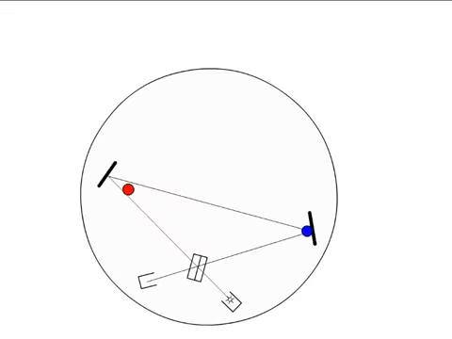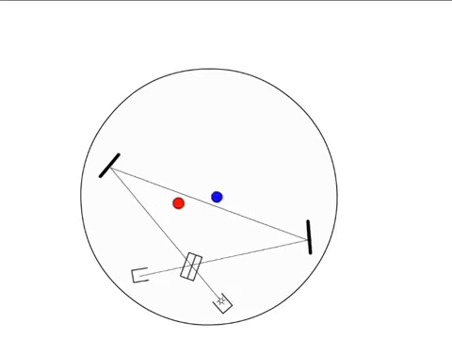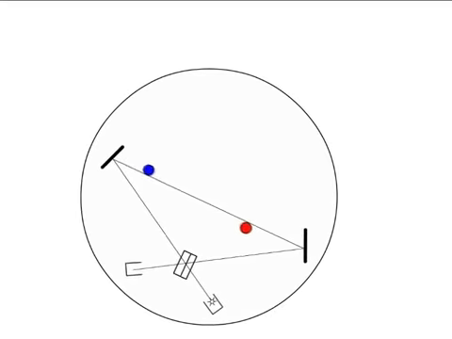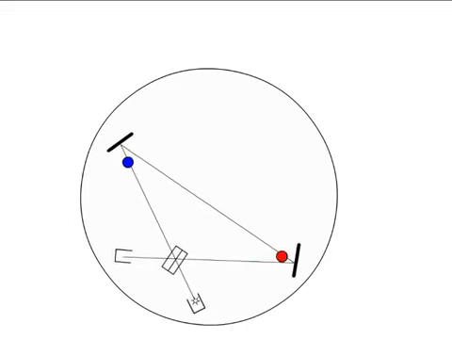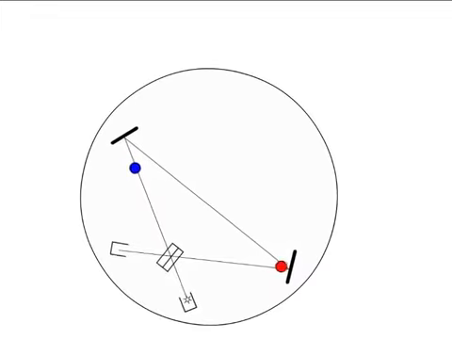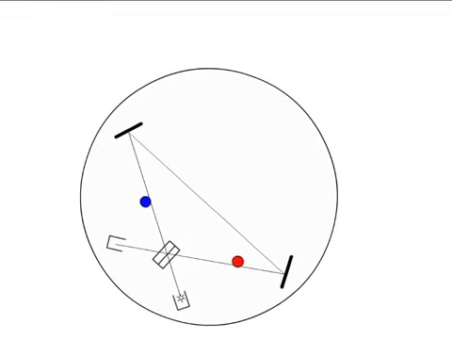Similarly, the right-hand mirror is coming towards the blue light, so it reaches the mirror quicker. After they change ends, the red light again takes longer to reach the recombiner, whilst the blue light gets there quicker again. So they reach the photographic plate with a delay between them, and this changes the fringe pattern.